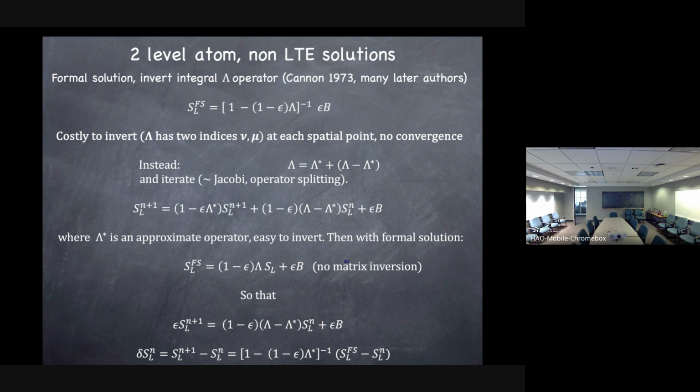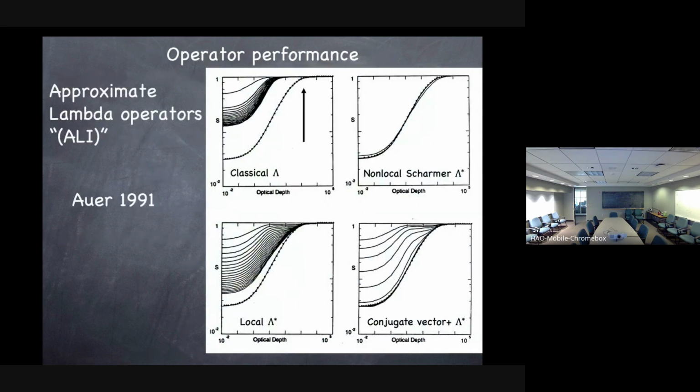So you can imagine the lambda operator having contributions from different parts of the atmosphere, but in an efficient way where he's found, using the Eddington-Barbier relation, what the intensity is to make this thing go quicker.